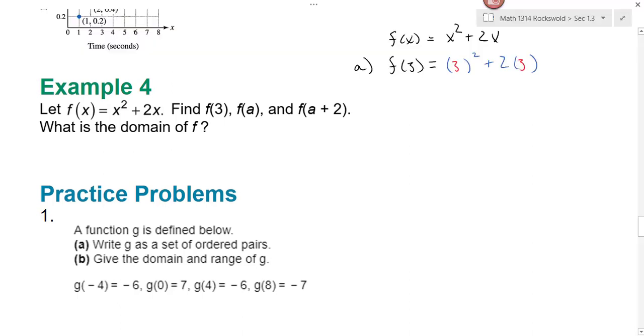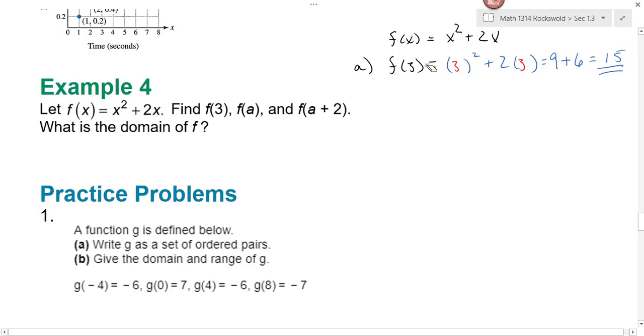Then I can just simplify this information and say that 3 squared is 9, 2 times 3 is 6, and 9 plus 6 is 15. So what we would say is f of 3 is equal to 15. You just plug in the number that's in the position of x in place of x.